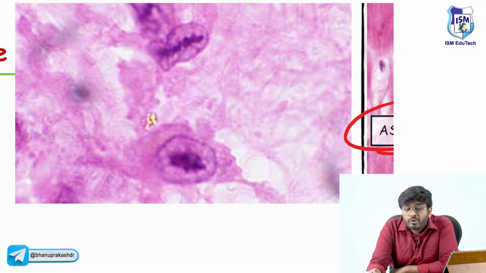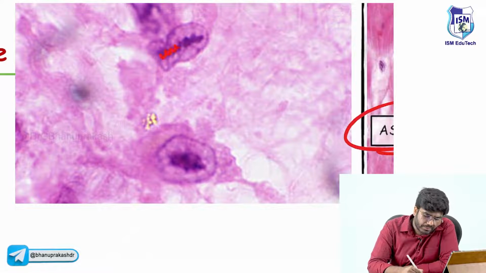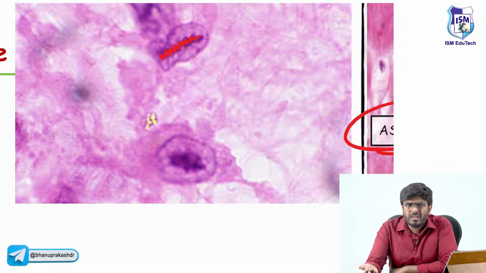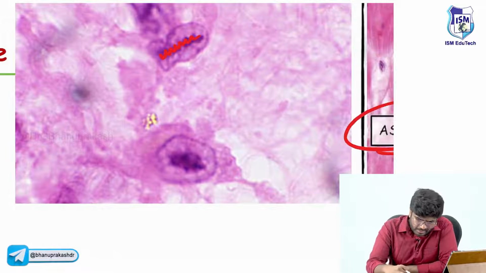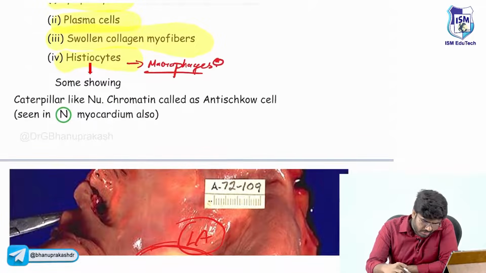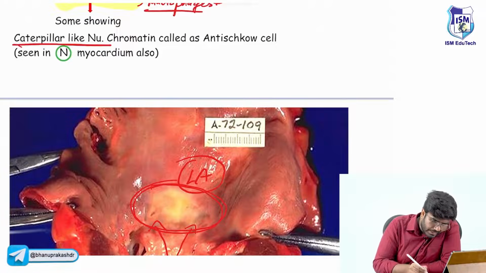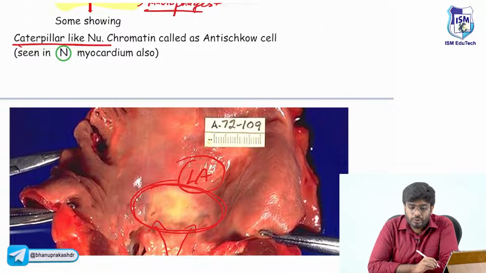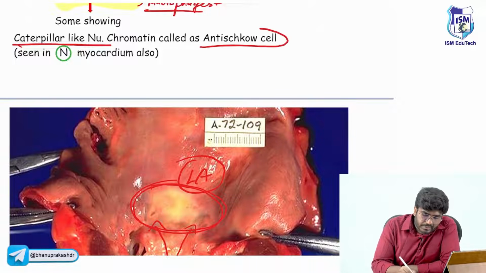A ribbon-shaped nucleus is present in these macrophages. These cells are called Anitschkow cells. They also say they look like a caterpillar or are ribbon shaped. There are multiple terminologies used. So it's a caterpillar-like nucleus. These macrophages are called Anitschkow cells.